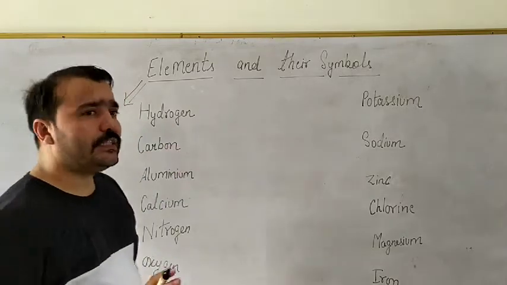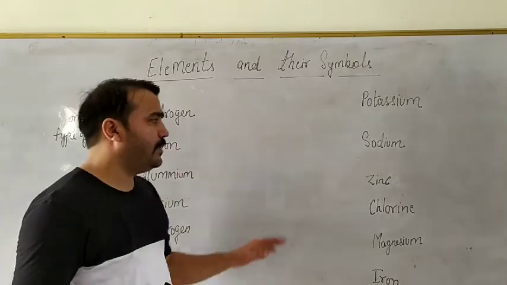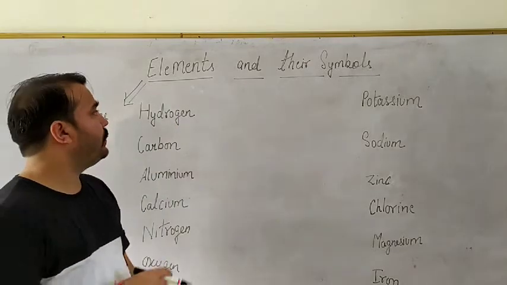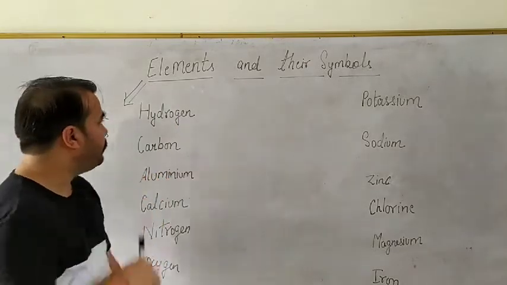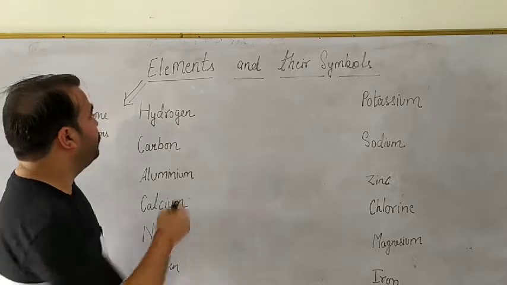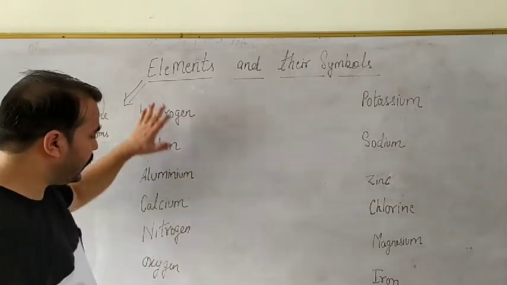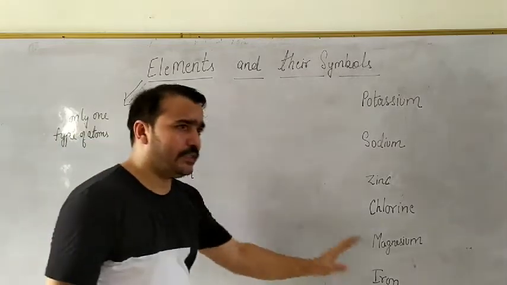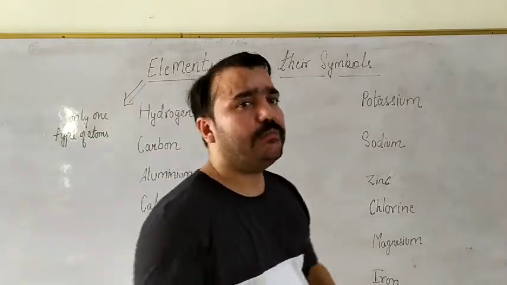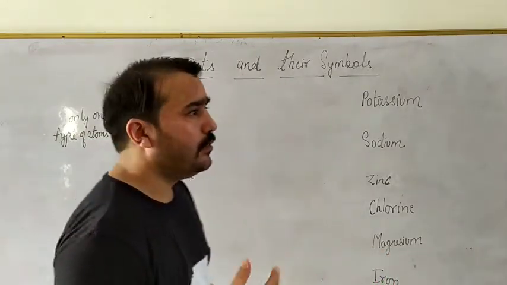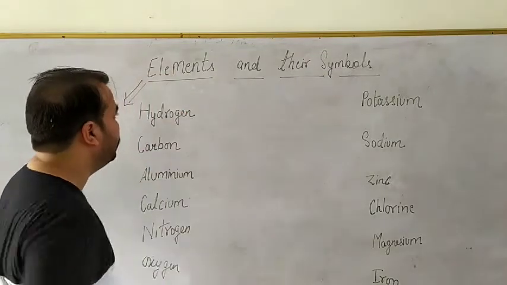For that, the first thing we need to understand is the symbols of different elements present in different compounds. So we need to write down symbols for these first. With passage of time and with continuous usage, you will be able to memorize these symbols.